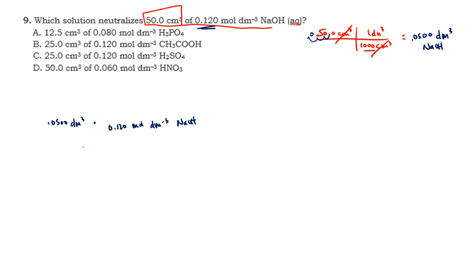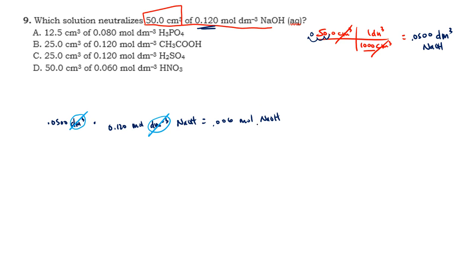What's going to happen here, my decimeter to the positive 3, my decimeter to the minus 3 cancel each other out. And so now I can do this math, and 0.0500 times 0.12 is going to give us 0.006 moles of sodium hydroxide.